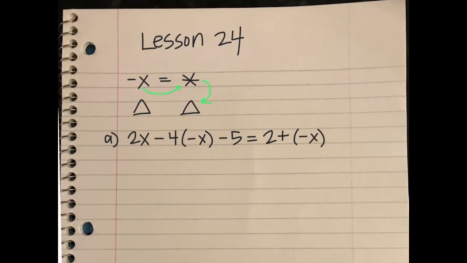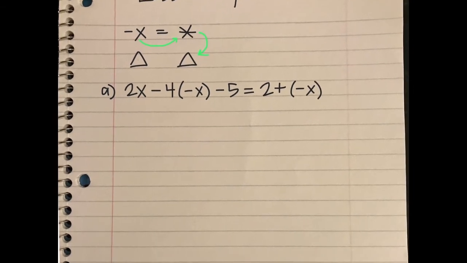So I'm going to move this up a little bit. And I'm going to start translating. I'm going to start with 2 x's. And now I'm supposed to take away 4 negative x's.